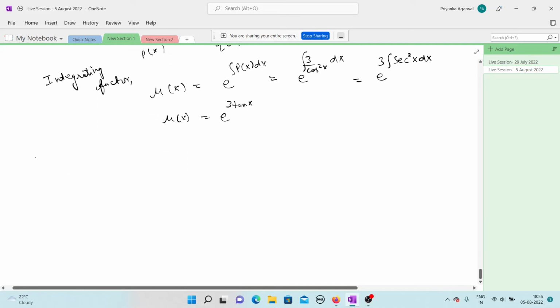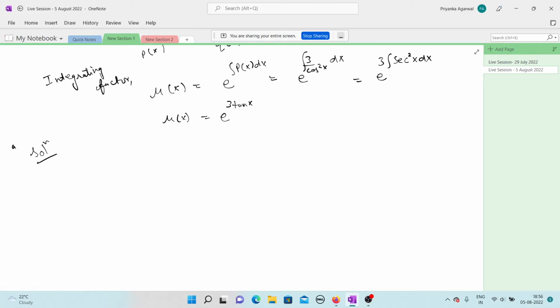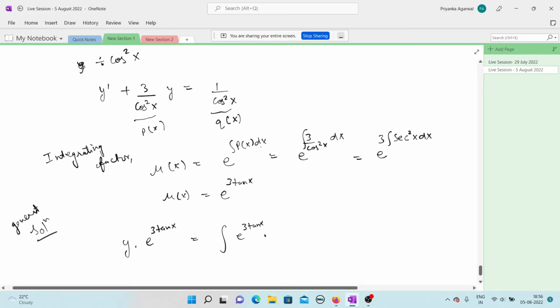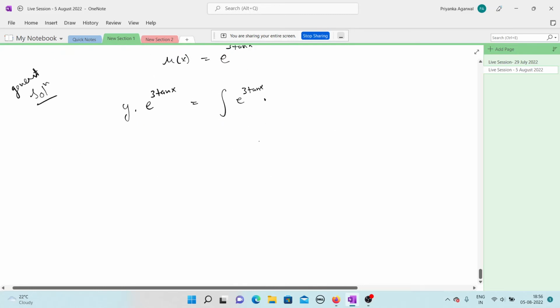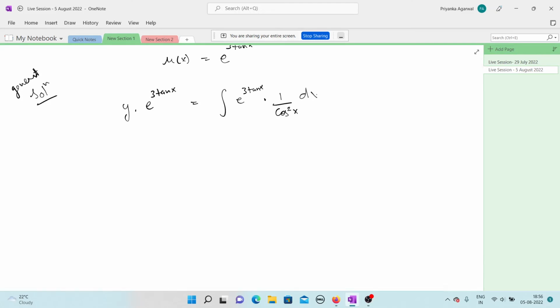So the solution of this first order linear differential equation can be written as y times e to the power 3 tan x equals the integral of e to the power 3 tan x times the function g(x), which is 1/cos² x, dx, plus the integration constant.